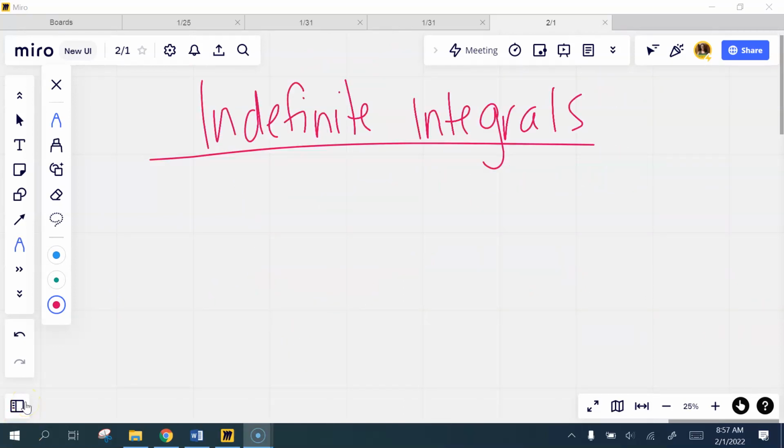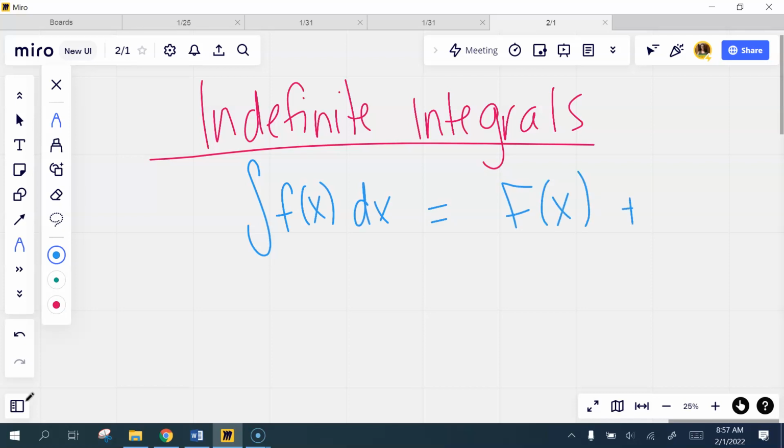Indefinite integrals don't have limits, upper bounds or lower bounds. They're just general. So for indefinite integrals, I cannot forget the constant on the end. Don't forget the c.